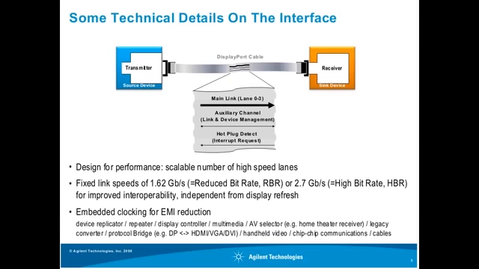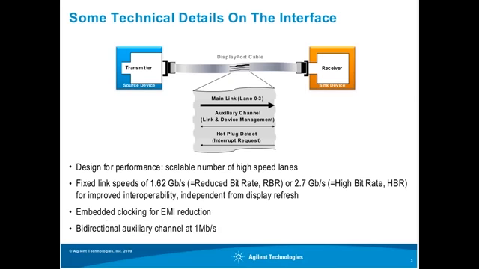So basically, you have, as I mentioned, the main link, which is 1, 2, or 4 lanes. And this interface is really designed for performance. So this number of lanes is scalable. So one could decide to implement a sync device, for example, with only 2 lanes, because no more data throughput is needed because of the resolution and the supported video sizes.